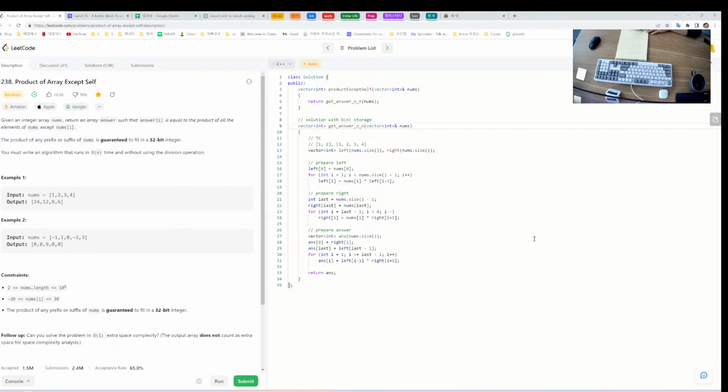Then for this number, we can have this number, right? And for this number, we can have this number multiply by this number.